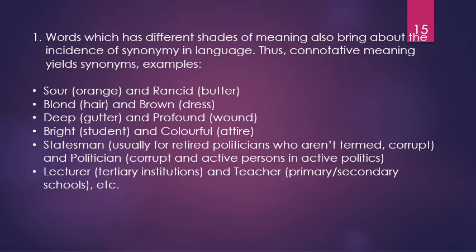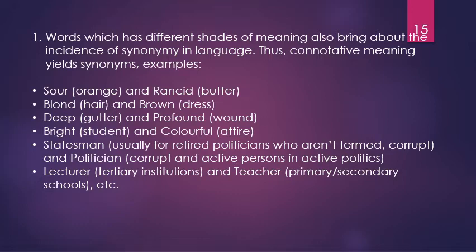That is to say, when we talk about synonymy, you can have a word that can have different other meanings. For example, the word sour to do with the orange, and rancid to do with butter. Blonde has to do with the hair. Brown can be the dress. Maybe deep can be related to gutter, and let's say profound be related to wound.